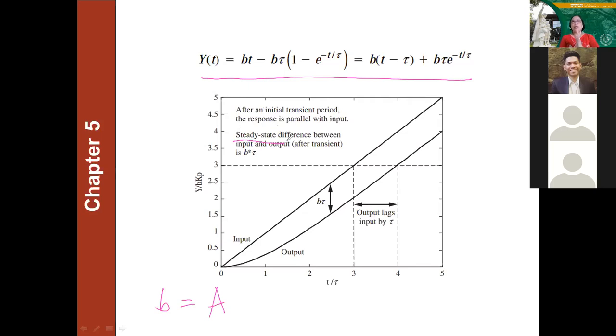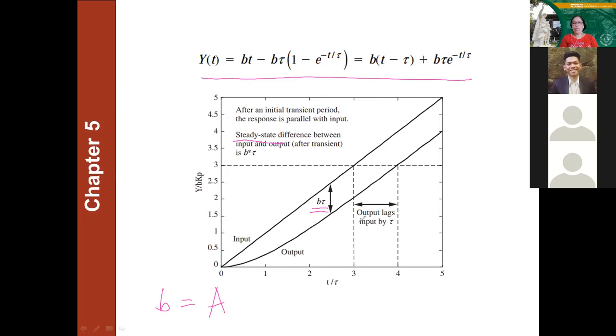That would simply require you to multiply the magnitude of that ramp input with its time constant. Meaning, after a long time, the difference between your steady state output and your input before the external disturbance happened is the product of B and tau. Steady state difference, again, represents the ultimate steady state value after the disturbance occurs. So that should be your answer, a simple product of B and the tau.